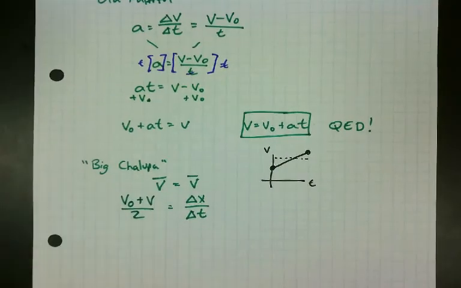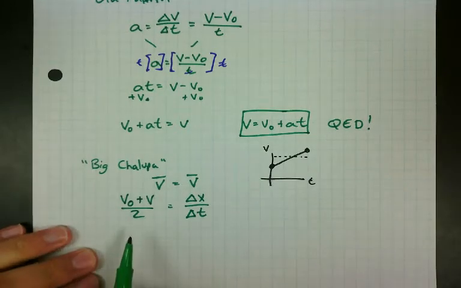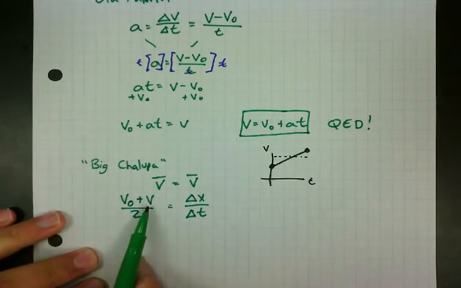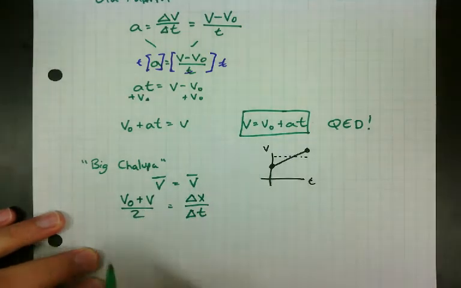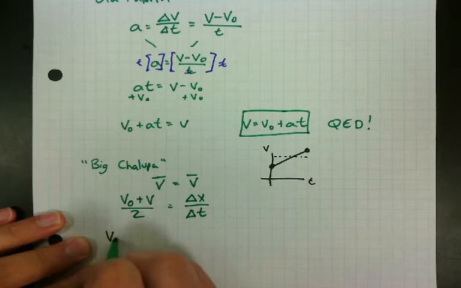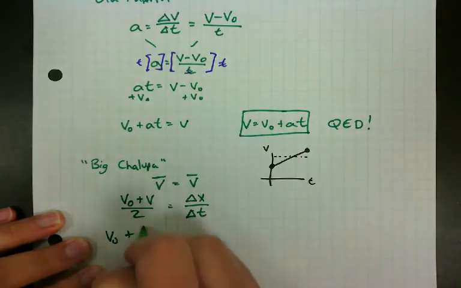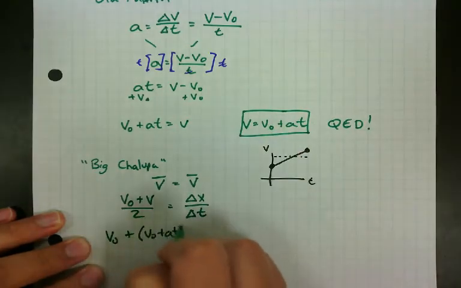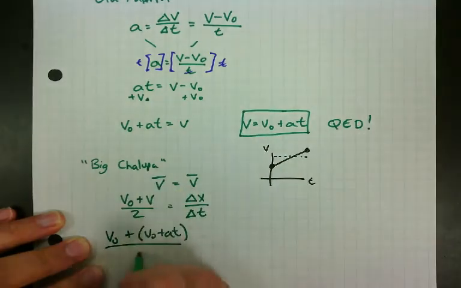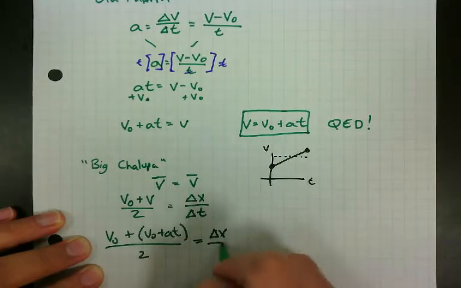That's going to be the average velocity. Okay, so I'm going to start there, and then I know what this v is equal to, right? I can say this v is equal to Old Faithful. So instead of writing v naught plus v, I'm going to write v naught plus at. Right, so I just plugged that into here, and then I'm just going to rewrite the rest of the equation.